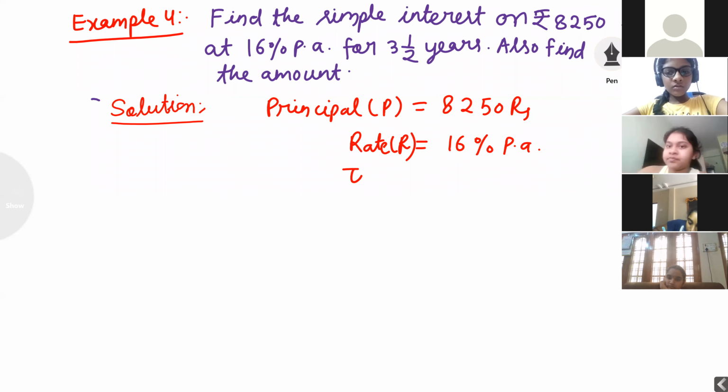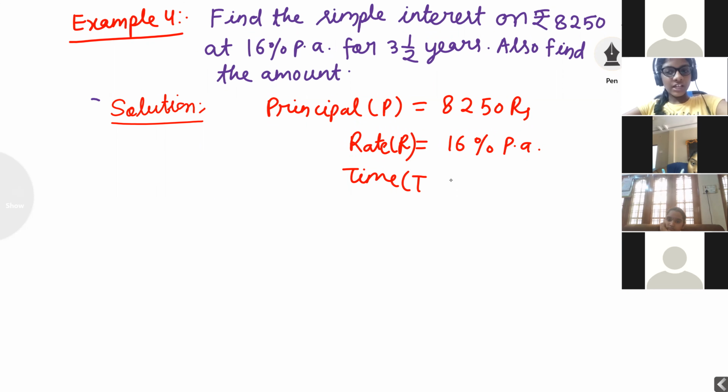Time T is equal to 3 integer 1 by 2, means 3 twos are 6, plus 1, 7 by 2 years.